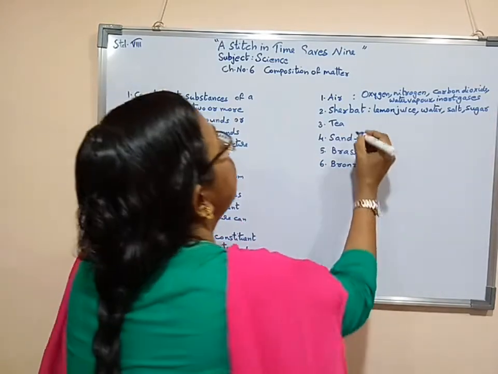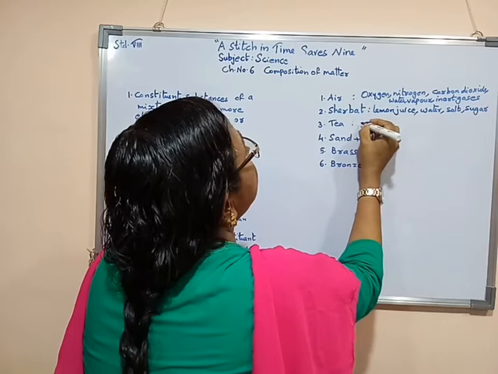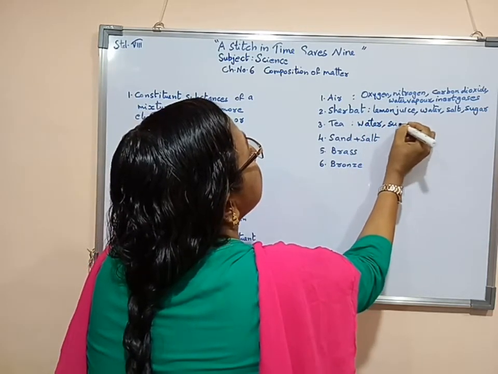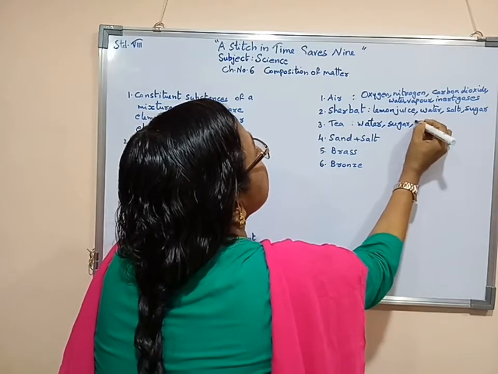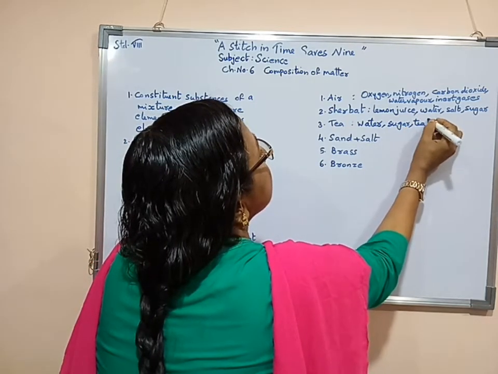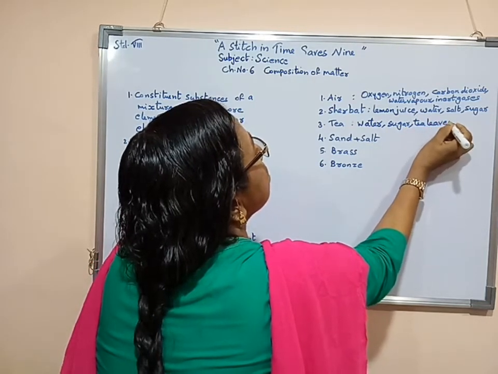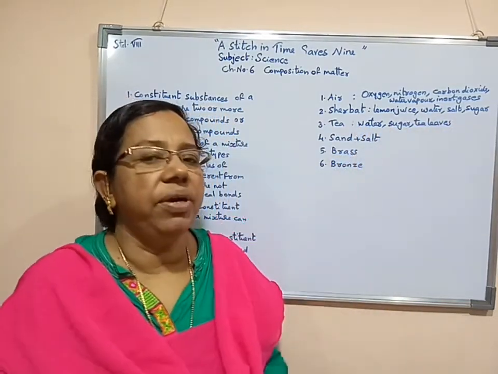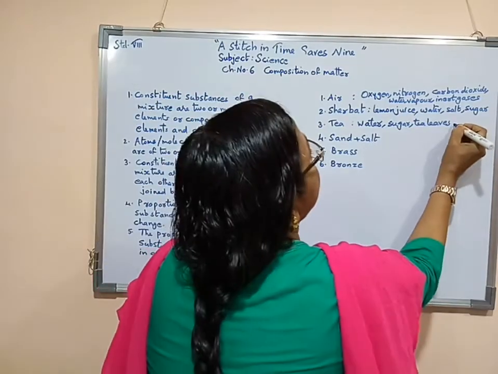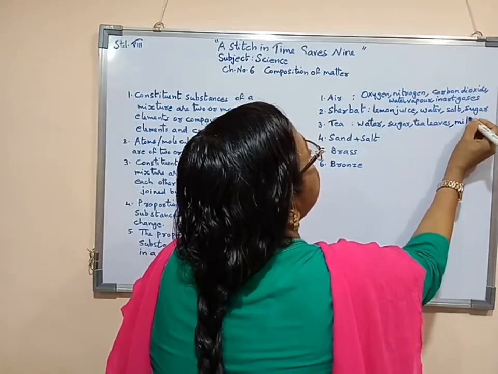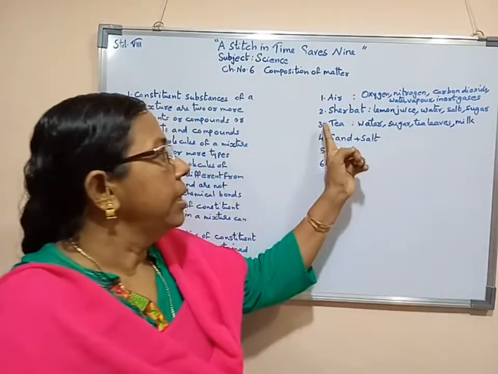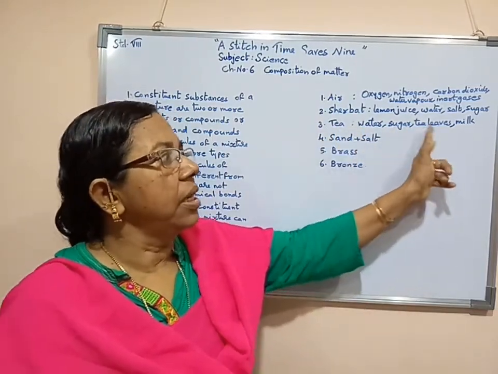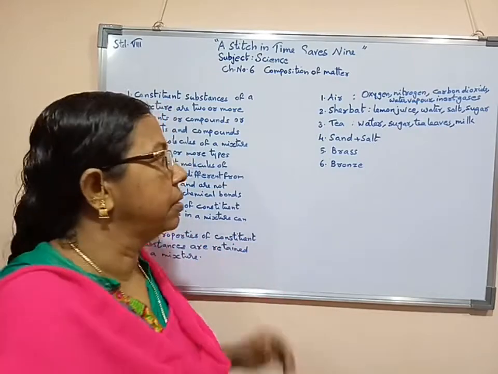Next one, tea. Tea is a mixture of water, sugar, tea leaves. Water will be there, sugar will be there, even tea leaves, then we can add milk. So we can say that tea is a mixture of water, sugar, tea leaves as well as milk.